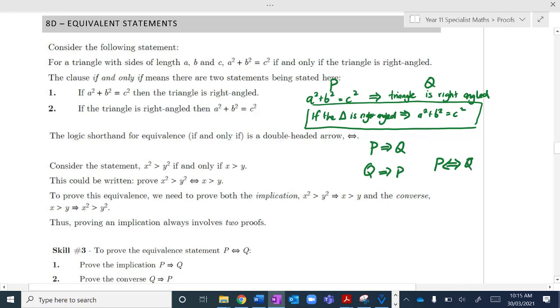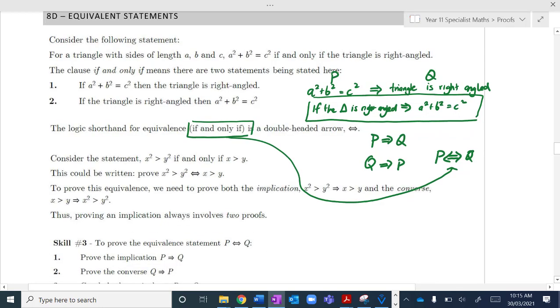It basically means "if and only if". That means that P implies Q, but also the converse, Q implies P.